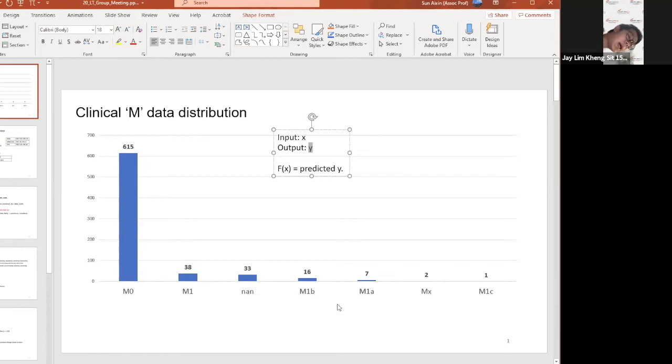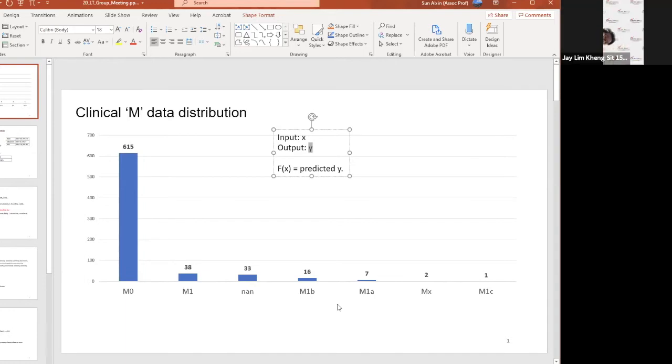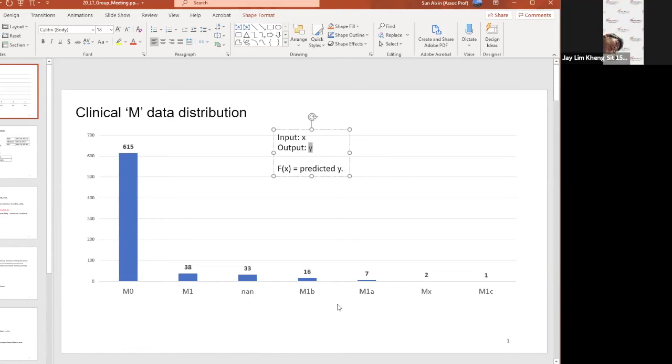I would never go in and cut a cancer that's MX, M1C or M1B unless the patient is bleeding uncontrollably. So most of the distribution that you see will in fact be M0. So this is actually true. I have only one caveat: there will be one specialty whose scans and clinical M distribution is slightly different, in that they have more M1, M2, M3, which is the oncologist.